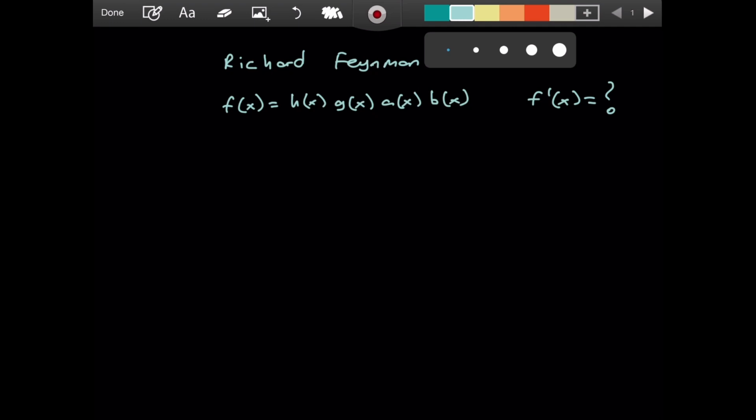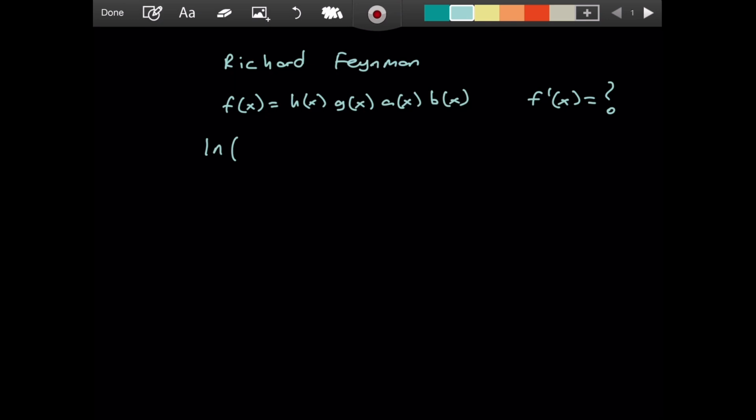The derivative of the first one times the second function plus the derivative of the second function times the first function. That is the product rule for two functions. But what is it for 3 or 4 functions? Well, we will see what it is. And if you know it, well, good for you, but you can see where it comes from, which is very important.